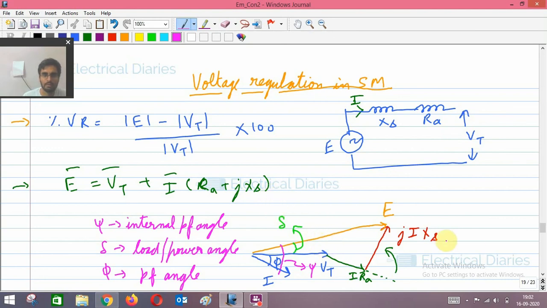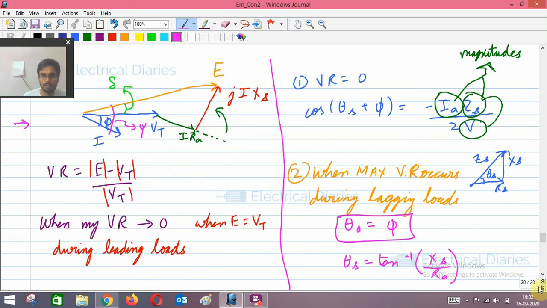This will be very useful. Then you could understand from the phasor diagram that at leading loads we might achieve zero voltage regulation, and at lagging loads we might achieve the maximum voltage regulation. So these are the two expressions that you need to remember.